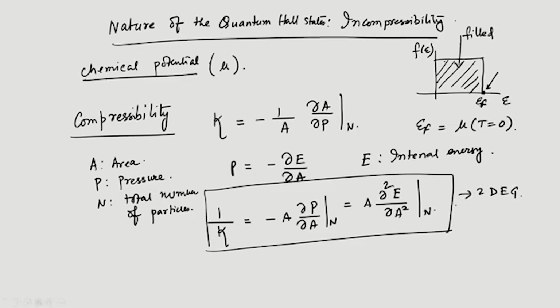Again, we'll use this nomenclature or this abbreviation several times. 2DEG means two-dimensional electron gas. Let me write it once and for all. Okay, so we'll use this definition. Now, sort of show that, or rather state that energy is an extensive quantity.